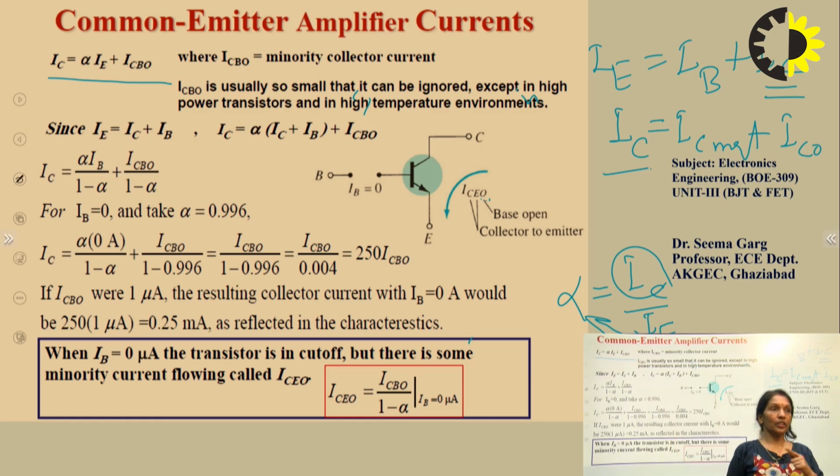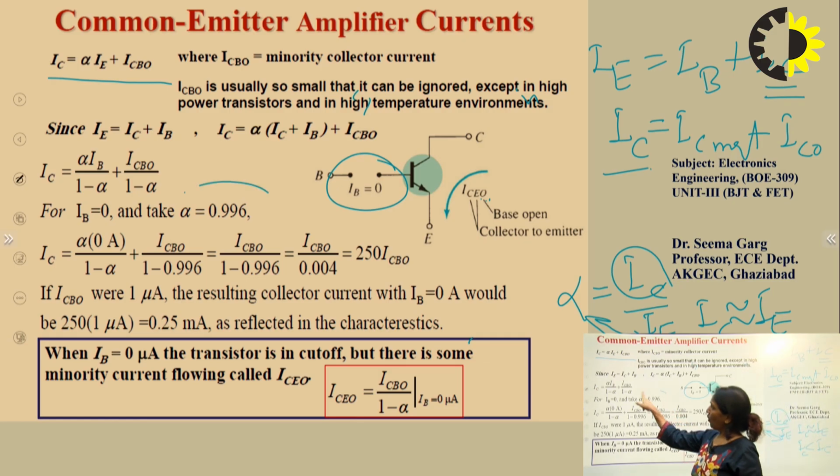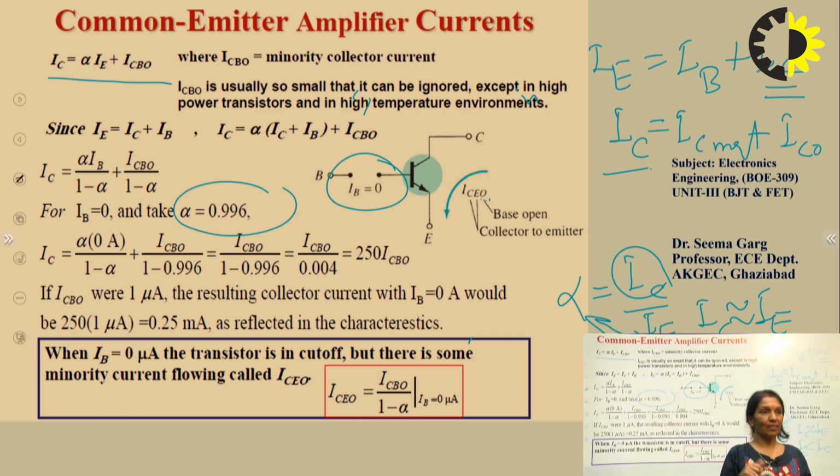In this equation, if you keep the base current equal to 0, then because we know that alpha is the ratio of IC by IE, and IC is nearly equal to IE but less than IE, the value of alpha is less than 1, nearly 1.